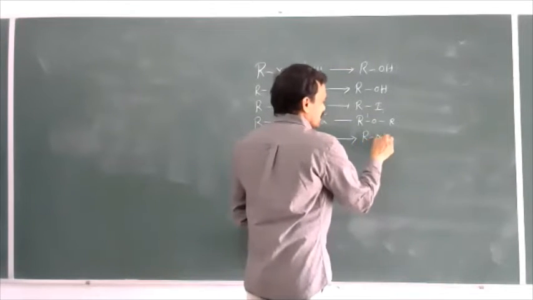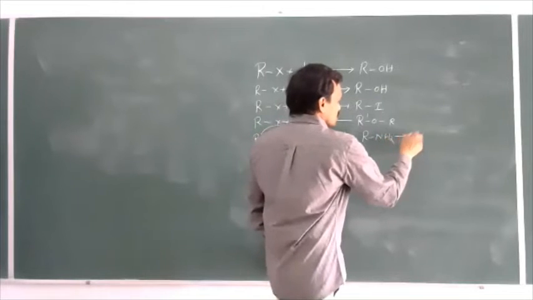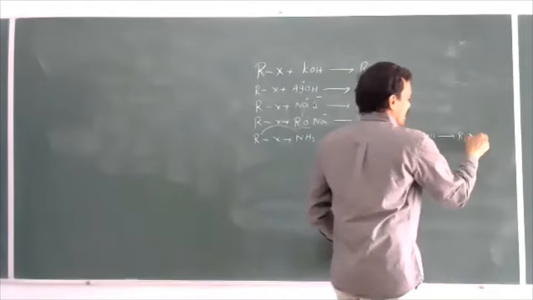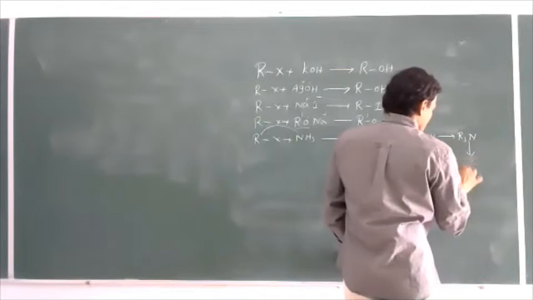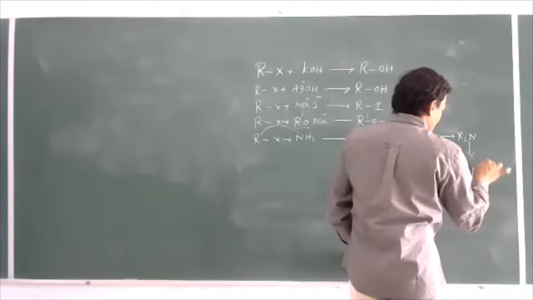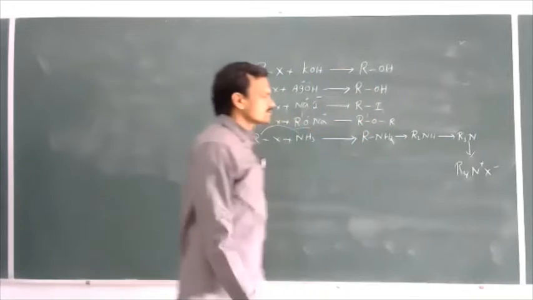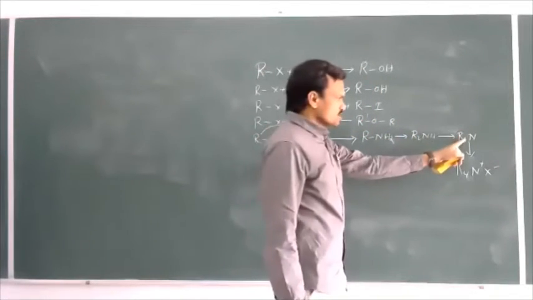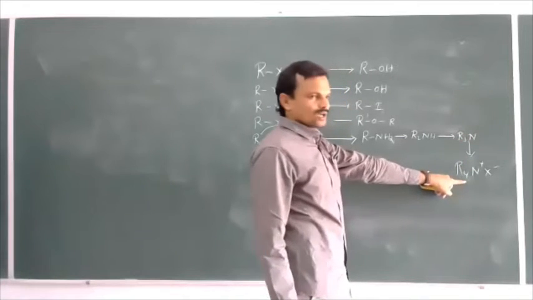Then you can get RNH2, which in turn gives R2NH, which in turn gives R3N, and which in turn gives R4N plus X minus. Primary amine, secondary amine, tertiary amine, and finally it gives quaternary ammonium salt.